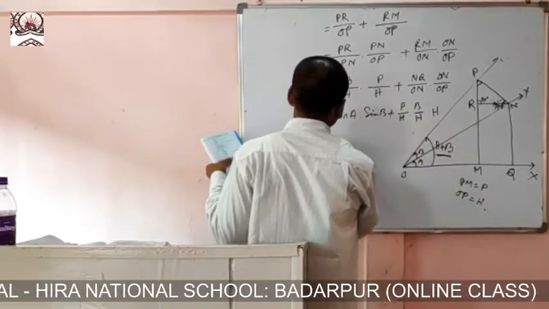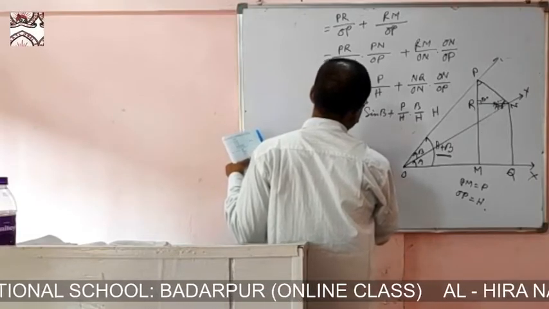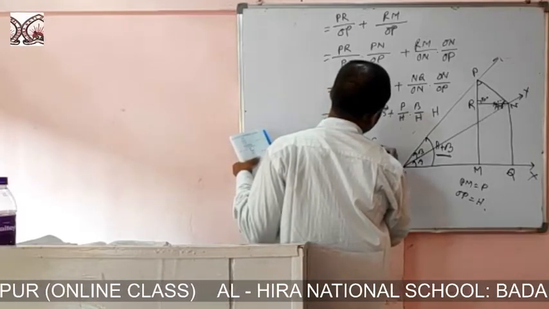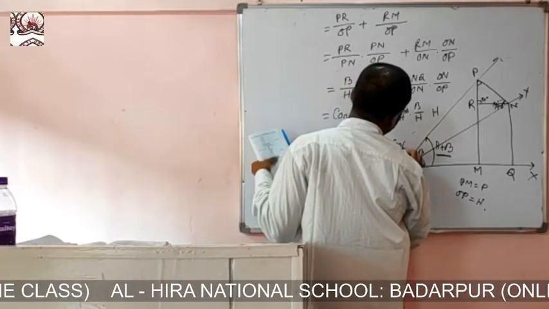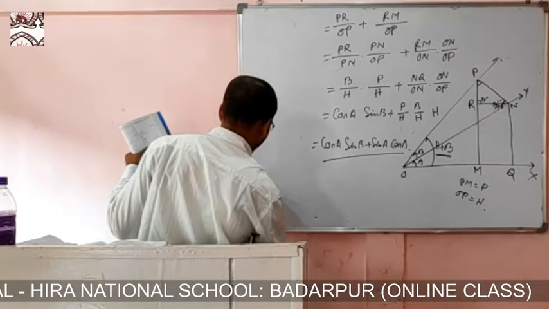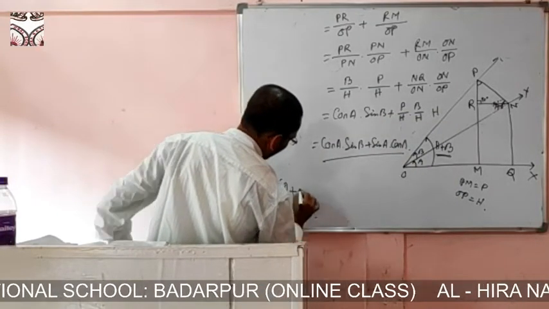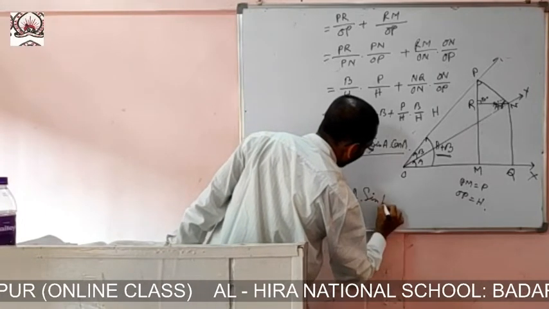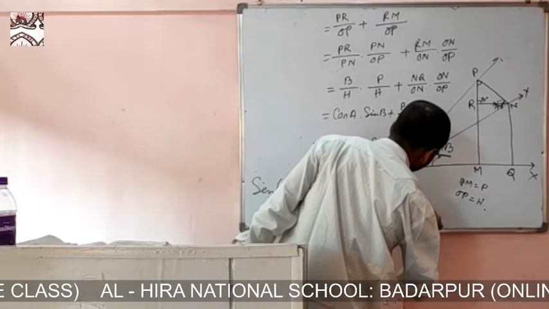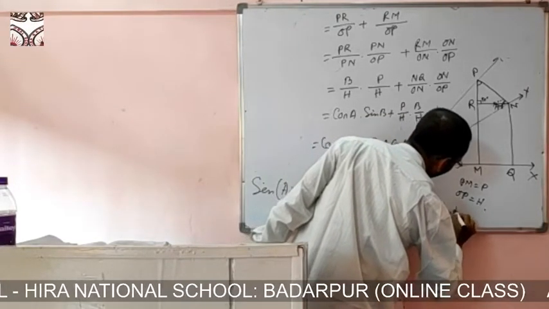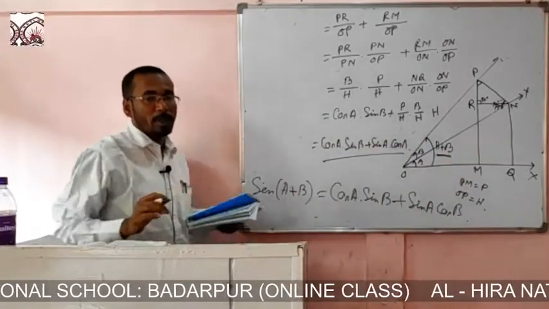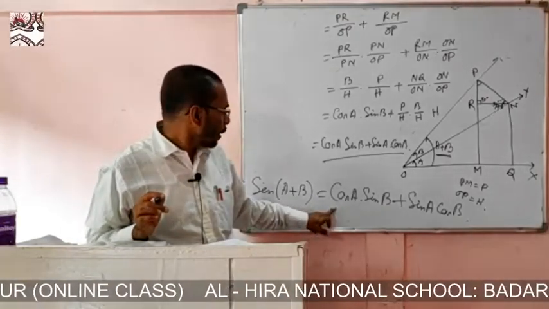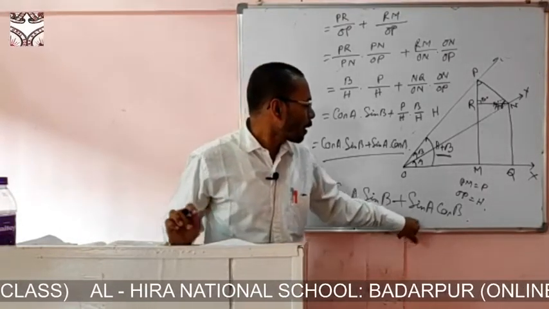So this will be cos A sin B plus sin A cos B. So we are getting the sin A plus B formula: sin A plus B is cos A sin B plus sin A cos B.